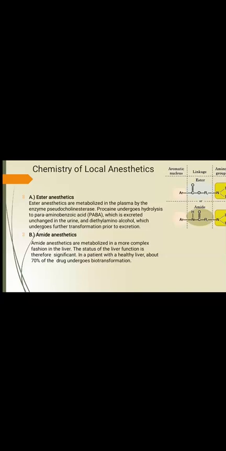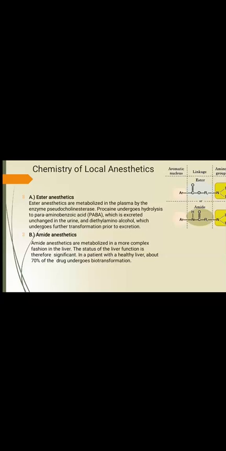Procaine undergoes hydrolysis to para-aminobenzoic acid, which is excreted unchanged in urine, and diethylamino alcohol, which undergoes further transformation prior to excretion. The PABA generated in the metabolism of procaine is responsible for the allergic reactions in the body.